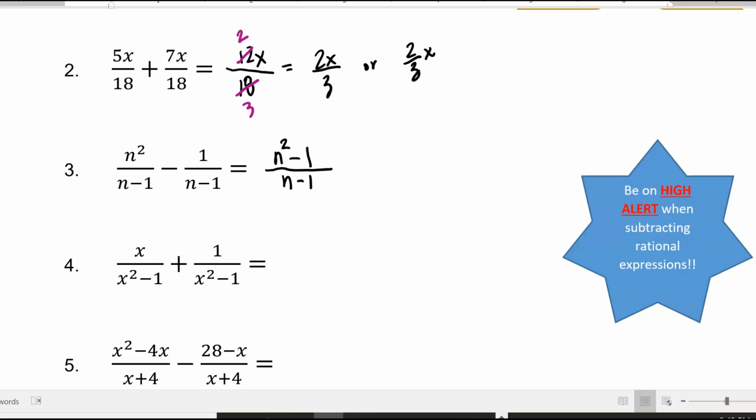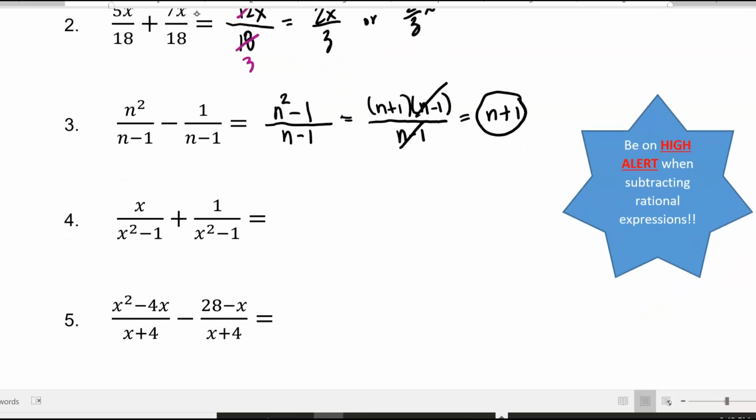This is where you use your knowledge of simplifying rational expressions, because n squared minus 1 is factorable, and it factors to n plus 1 times n minus 1. And because of that, one of its factors cancels out with the factor in the denominator, leaving us with the simplified answer of n plus 1.